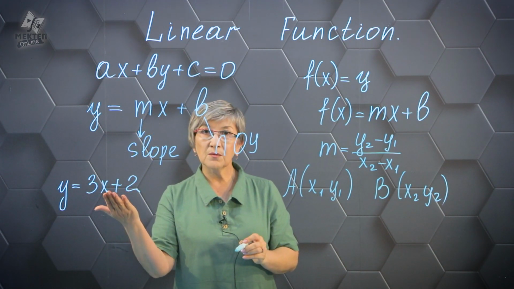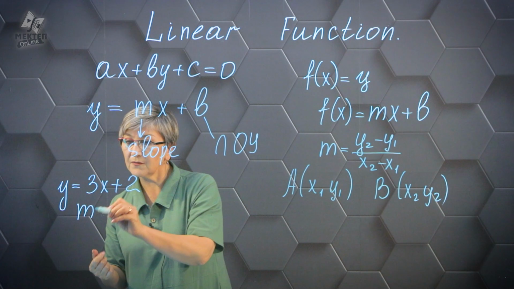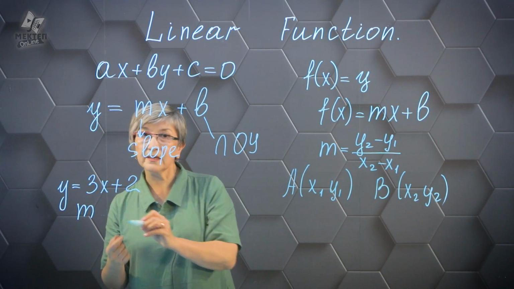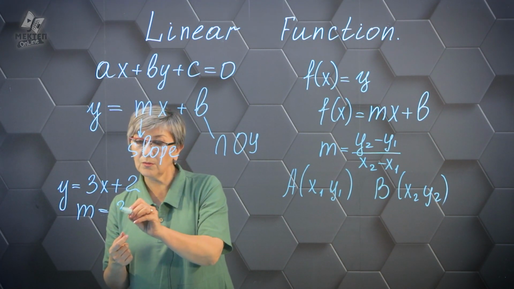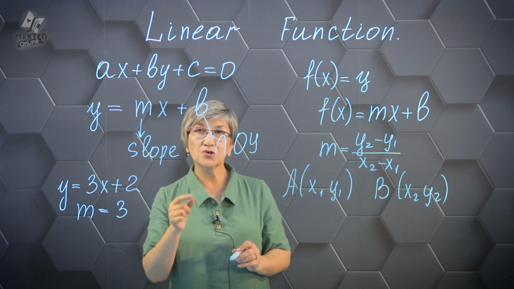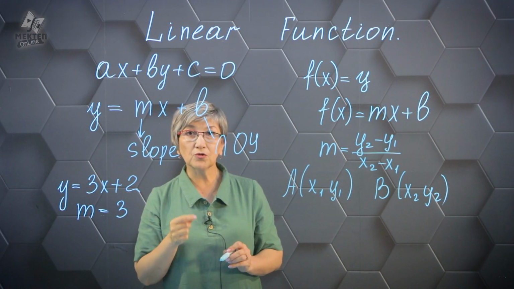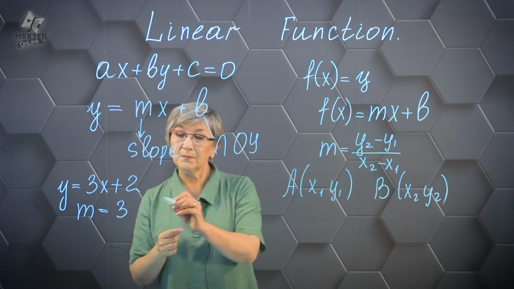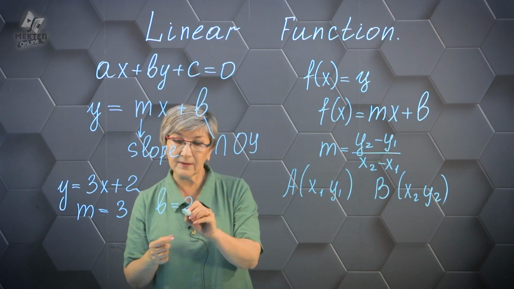We can deduce from this equation that the coefficient of the variable x, or the slope, is equal to 3. And this linear function's graph will meet the y-axis at the point where y equals 2. Thus, I will state that b equals 2.